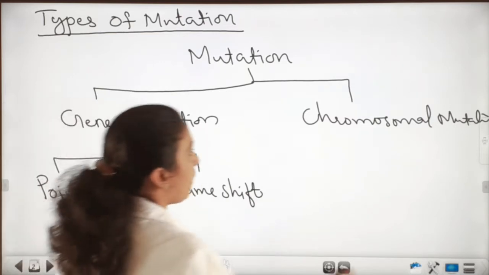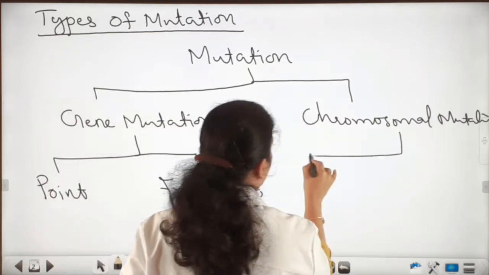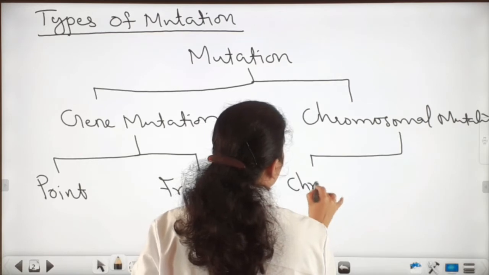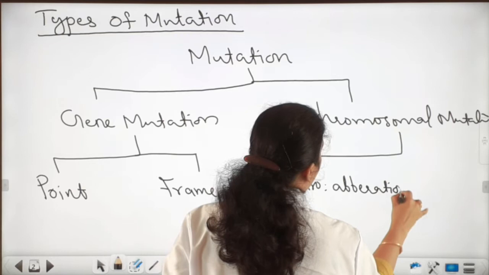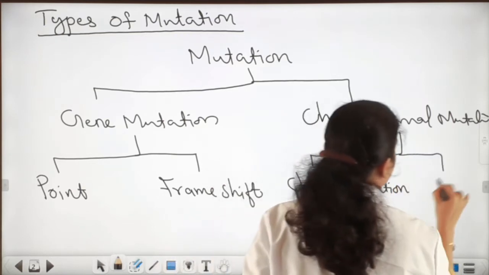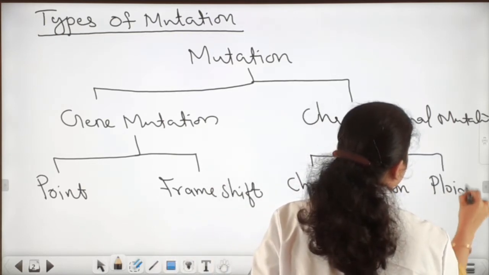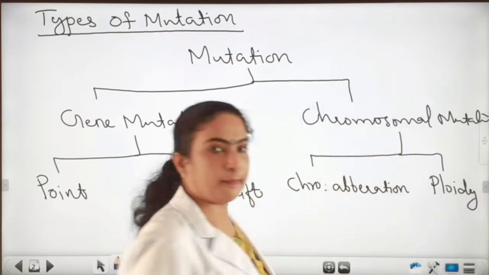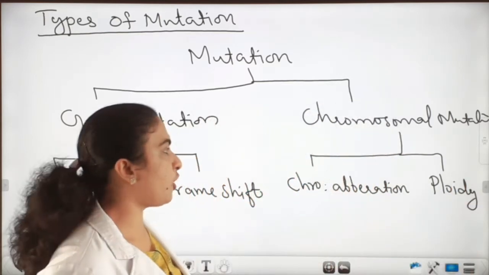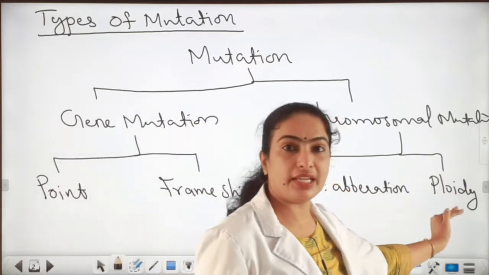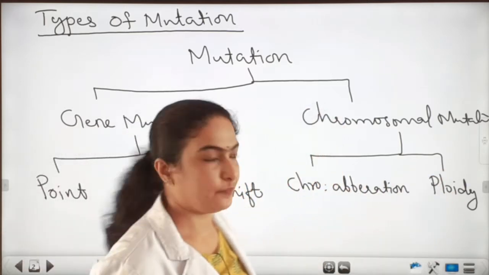Okay, and this chromosomal mutation is again classified into chromosomal aberration and ploidy. Chromosomal aberration is the variation in the structure of chromosome. Ploidy is the variation in the number of chromosomes.